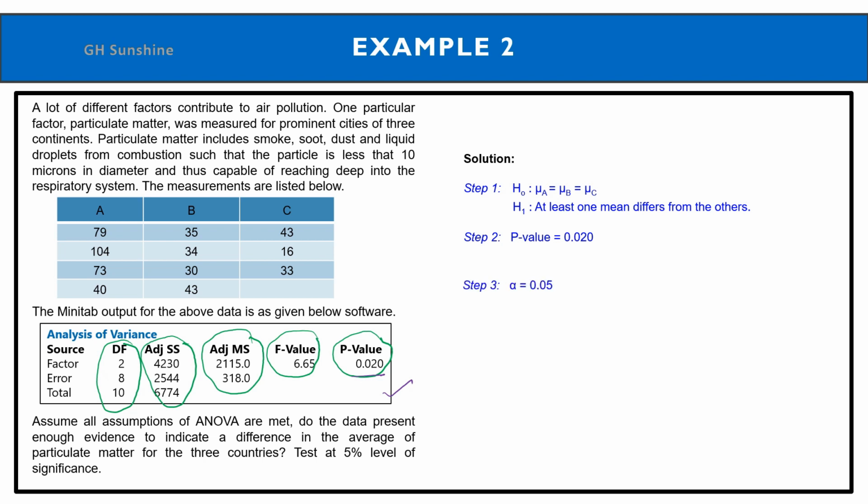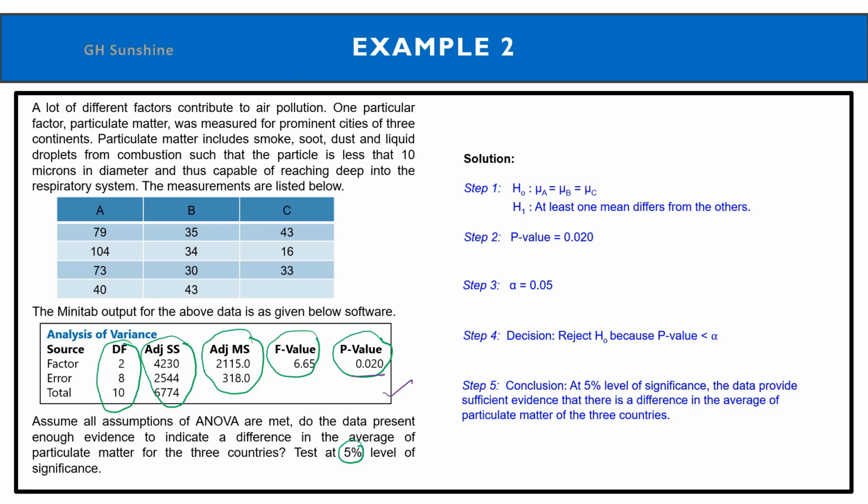Then step number 3, alpha equal to 0.05 here. 5% equal to 0.05, and then make a decision. So therefore reject H0 because P value less than alpha. So as a conclusion, at 5% level of significance, the data provides sufficient evidence that there is a difference in the average of particulate matter of the three countries.